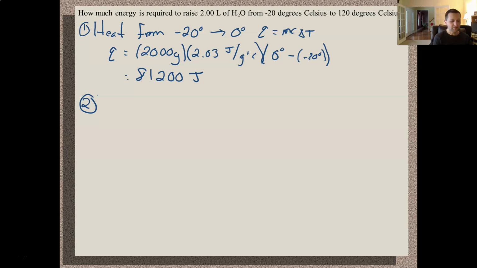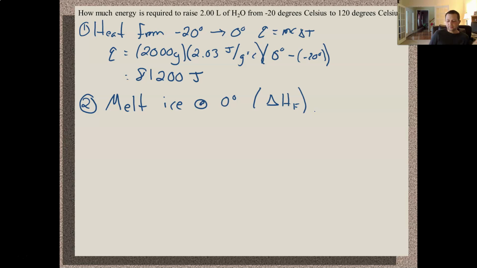Now, the second thing we have to do is we need to melt the ice at 0 degrees. That's a phase change. So for a phase change, we're going from, in this case, a solid to a liquid. And if you remember on the previous slide, that is delta HF.